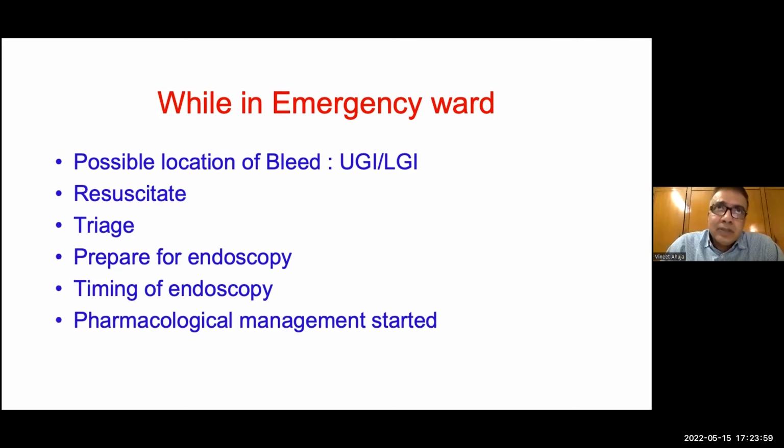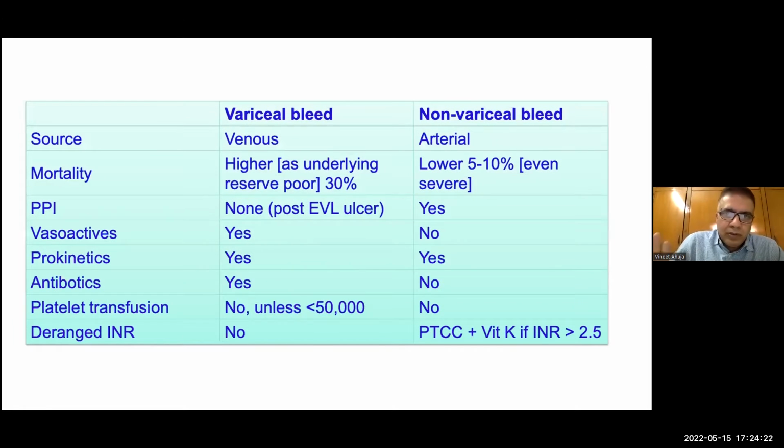That is a threshold level of 7 gram% for any normal patient and 8 gram% for any patient with major cardiovascular disease. Subsequently, endoscopy need not be emergent or urgent unless there is a massive bleed. In case there is a variceal bleed, within 12 hours, and in case there is a peptic ulcer bleed, within 24 hours. Subsequently, pharmacological management we have talked about.